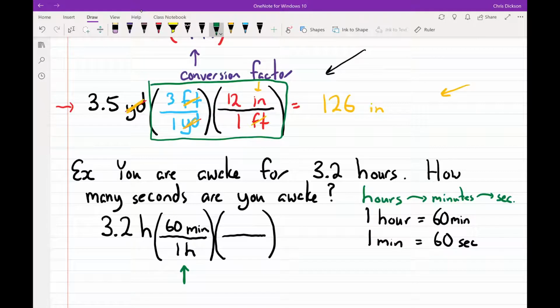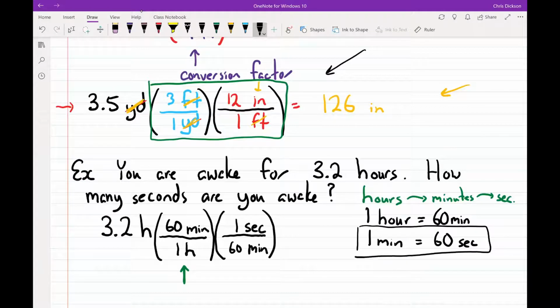So now you have to get rid of the minutes. Since the minutes is in the numerator, it's going to have to be in the denominator here. And that means we're going to be going to seconds. So for every 1 second there's 60 minutes? Or is it the other way? Well, once again, go over to your statement here and you say, for every 1 minute, that would take 60 seconds. Okay. And now I'm going to multiply these things out.